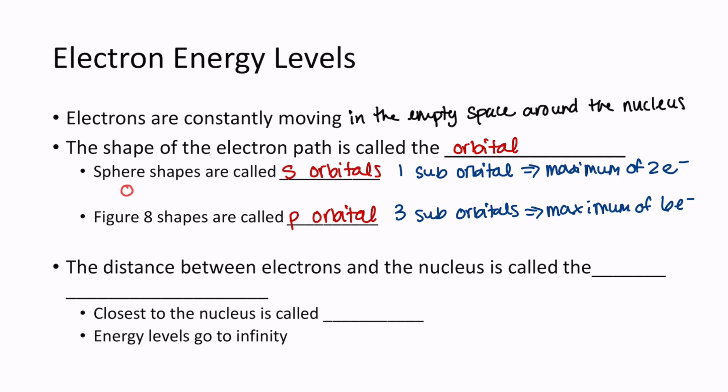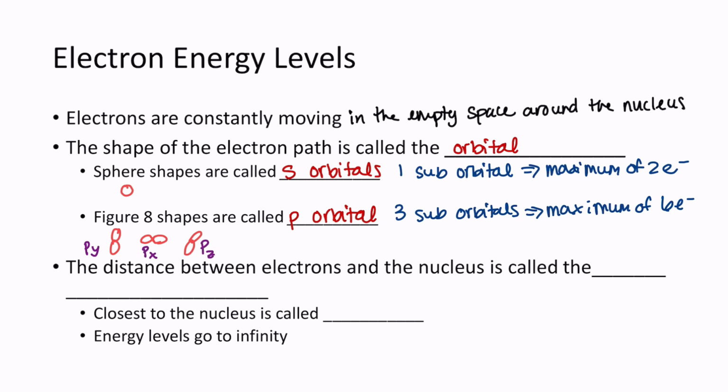The p orbital is going to have a figure-8 shape or a dumbbell shape, and it will exist in the x direction, the y direction, and the z. So this might be the py, px, and pz orbitals, where the lobes of the pz orbital are coming out at you and back into the page.